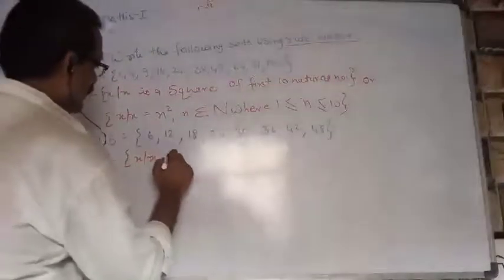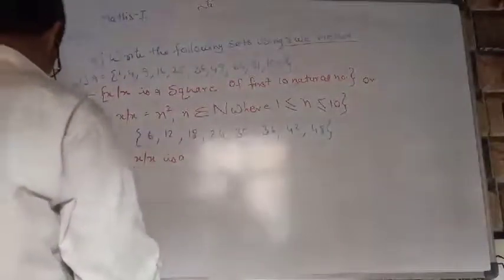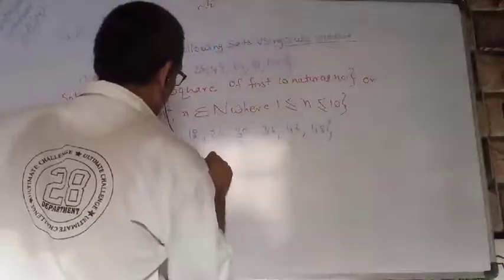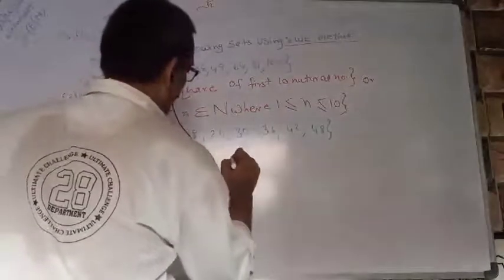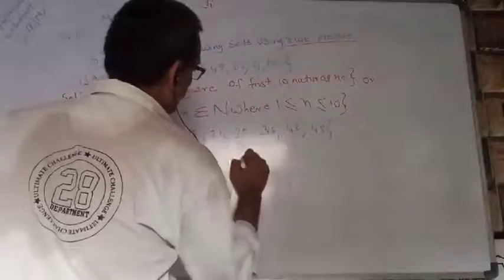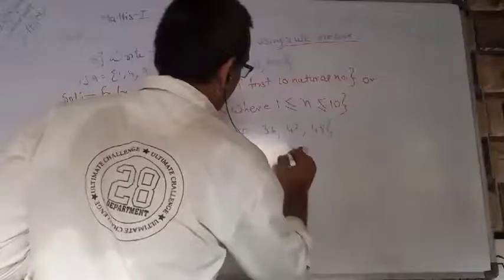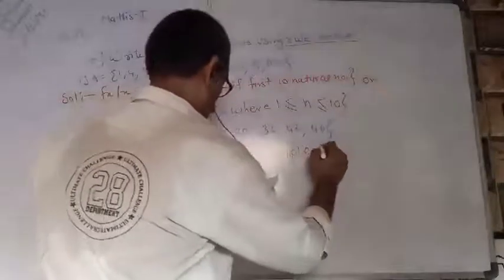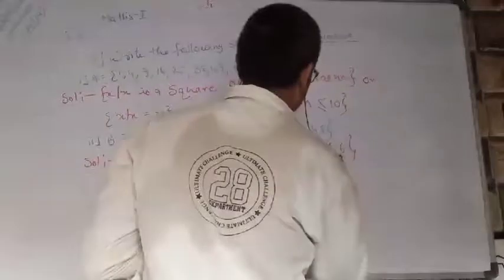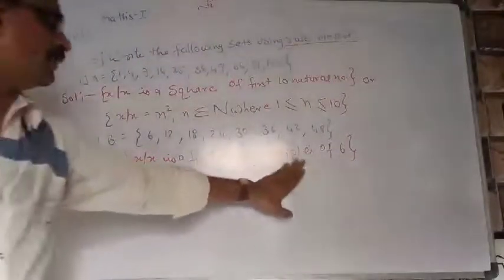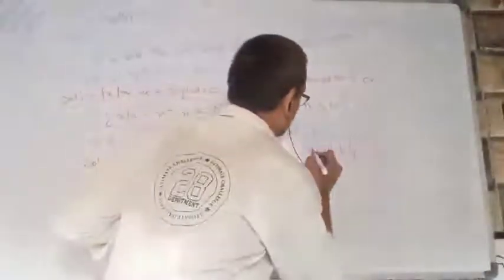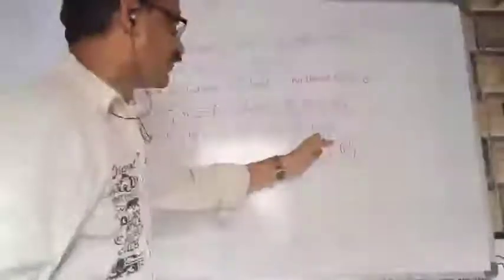Here also we are using x such that x is the first 8 multiples of 6, because the last number is 48, right? 8 sixes are 48.